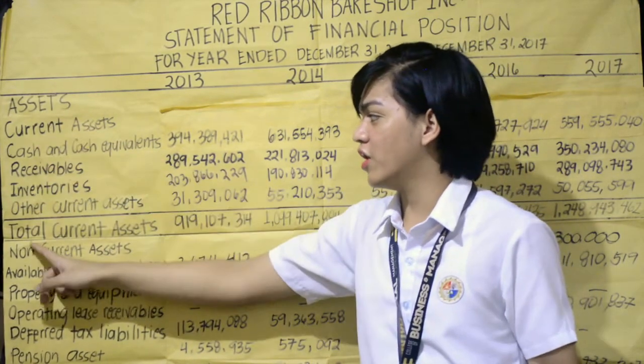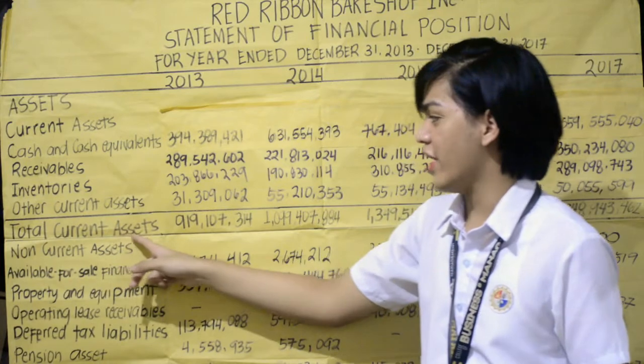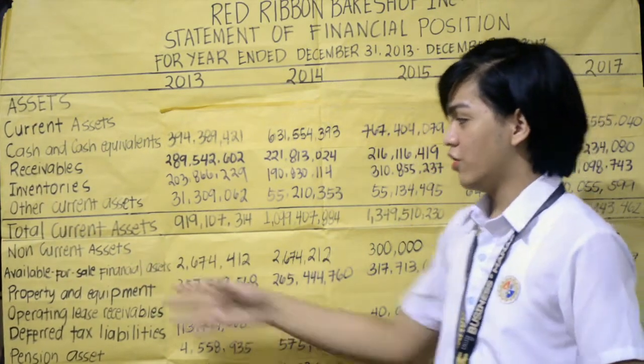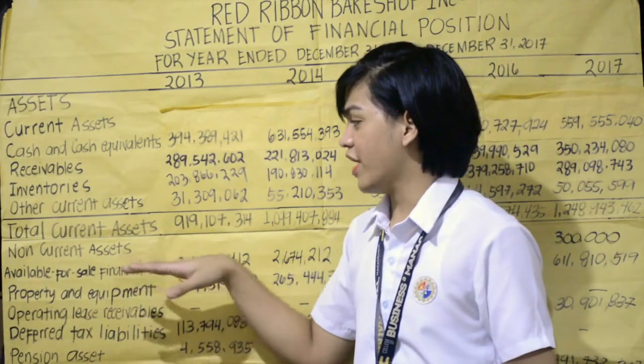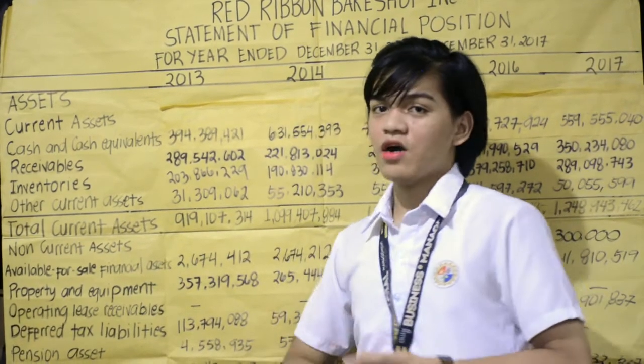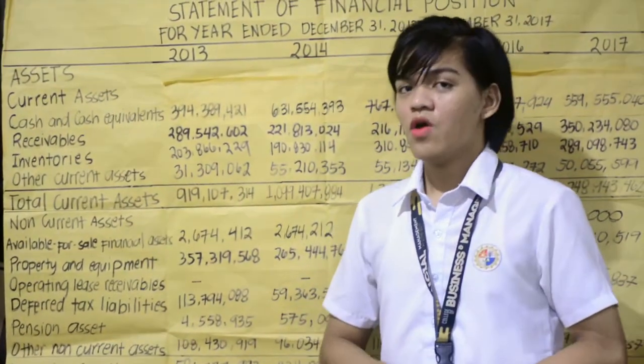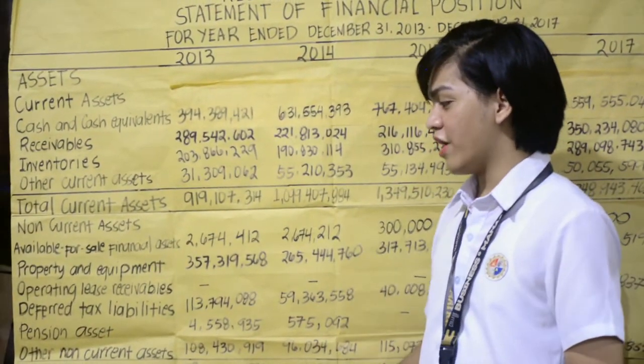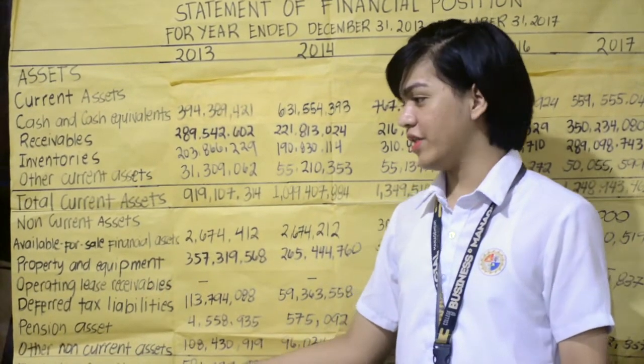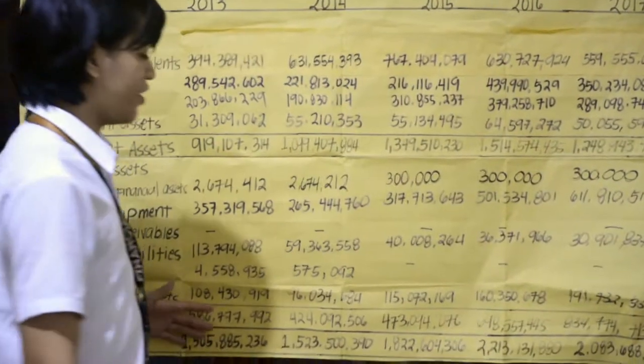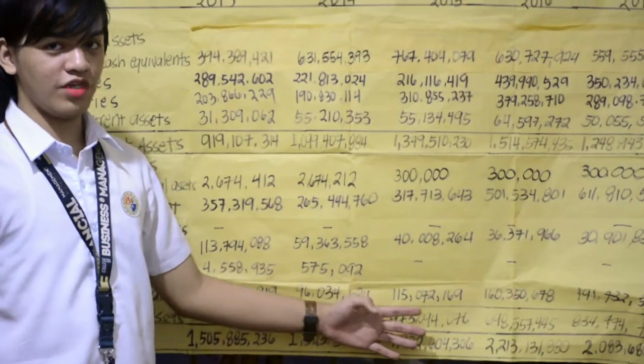We need to total the total current assets of this. While on the other hand, the non-current assets is the long-term. We need to total these to arrive at the total assets of the given entity for the 5-year consolidated financial position.